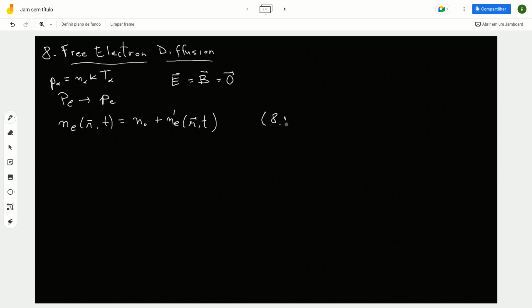The average is constant, and the same for the pressure. Since we're using this state equation, for the pressure we'll also have this. Let me just write it straight away in this form: average plus fluctuation times Boltzmann constant and electron temperature.